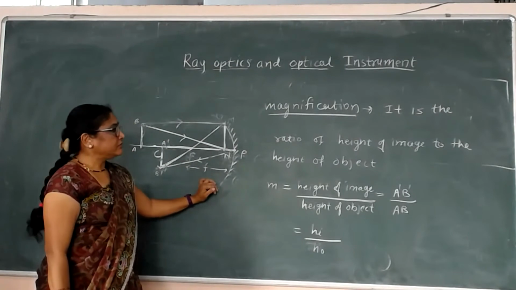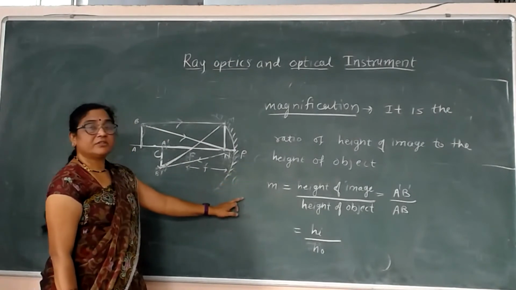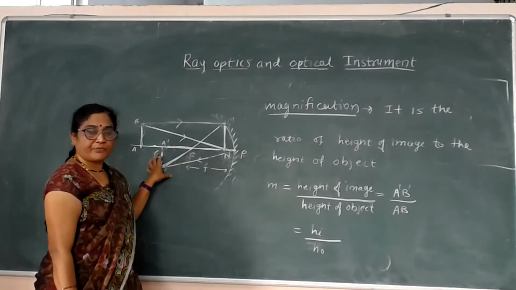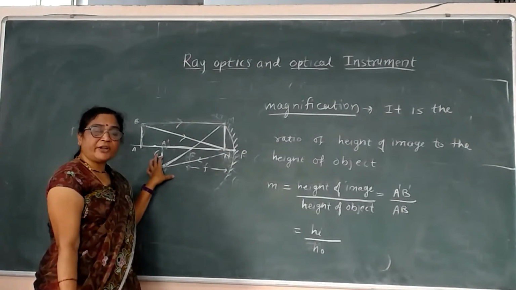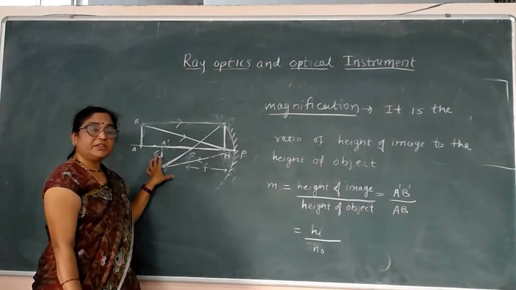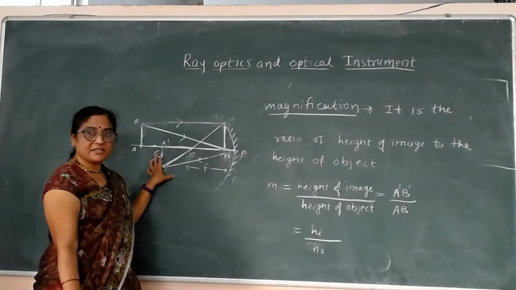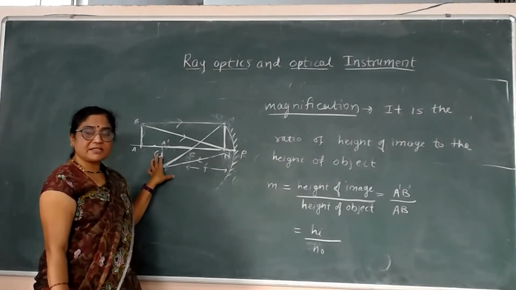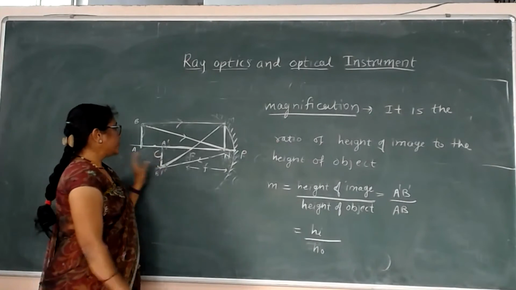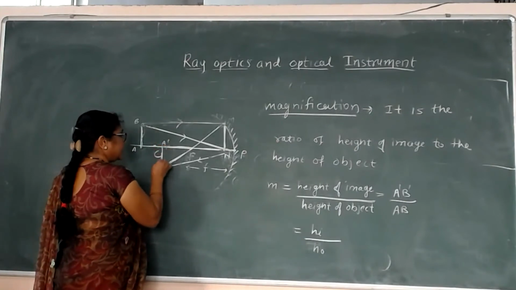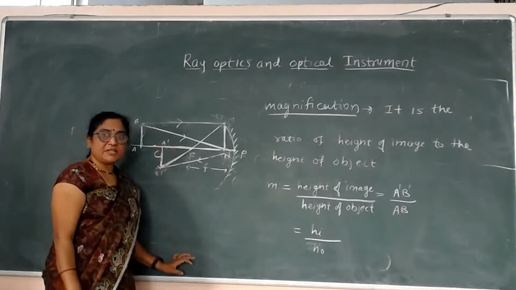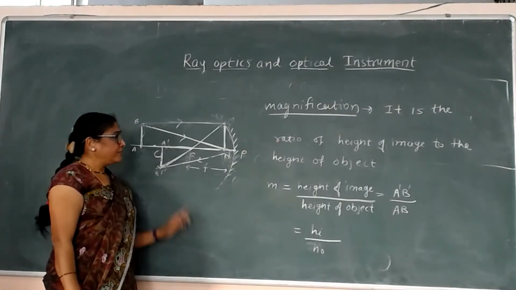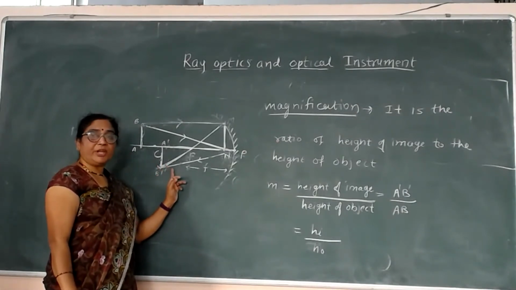And we know that this height of image is taken to be minus, because according to the Cartesian sign, the heights above the principal axis are taken to be positive and the heights below the principal axis are taken to be negative. So here the image is in the downward direction, means that height is taken to be negative.